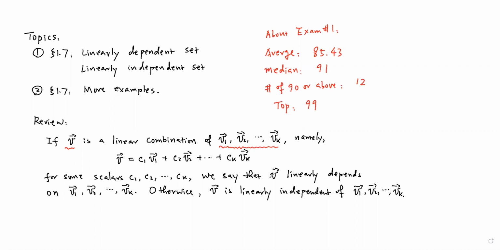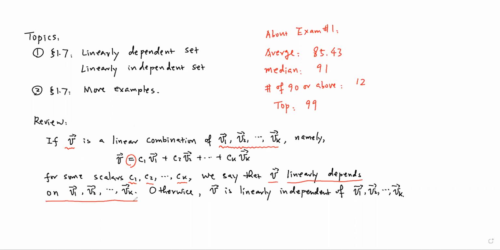Linear combination means that you can find scalars c1, c2, up to ck, so that this equation is true. If you can write vector v as a linear combination of these k vectors, then we say that vector v linearly depends on these k vectors.